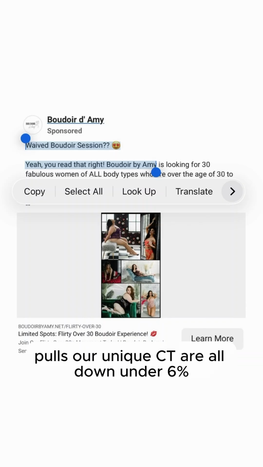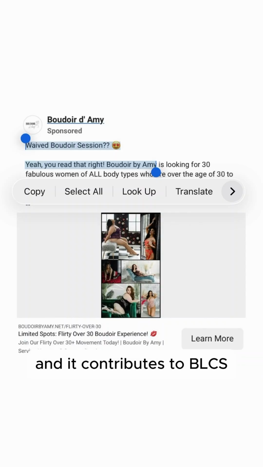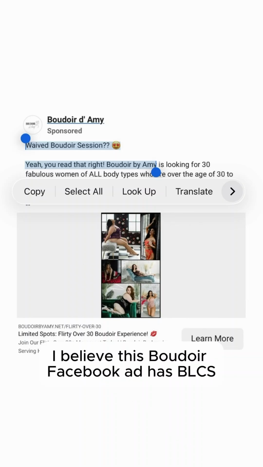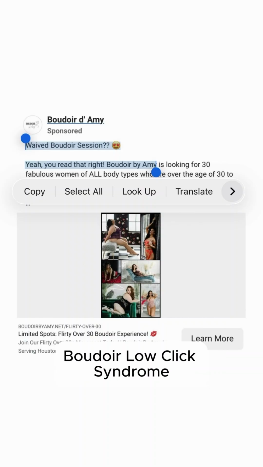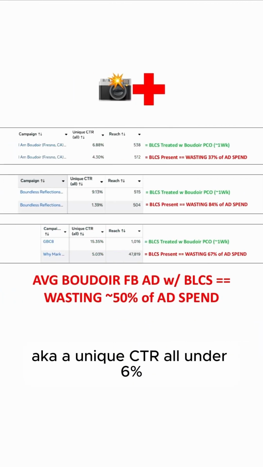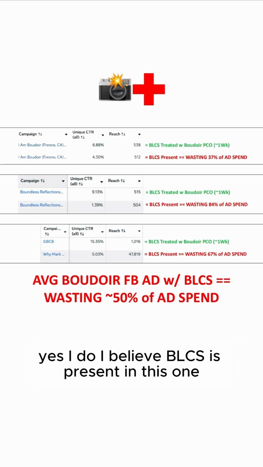And as a result, it pulls our unique CTR all down under 6% and contributes to BLCS, Boudoir low click syndrome. So my diagnosis, I believe this Boudoir Facebook ad has BLCS, aka a unique CTR under 6%. Yes, I do. I believe BLCS is present in this one.